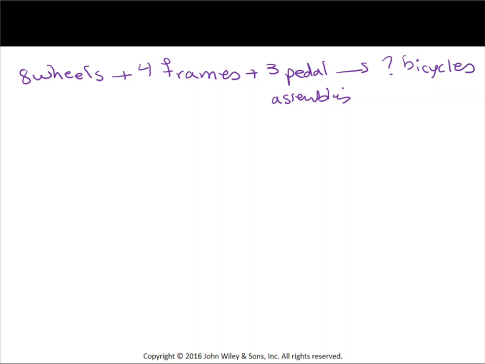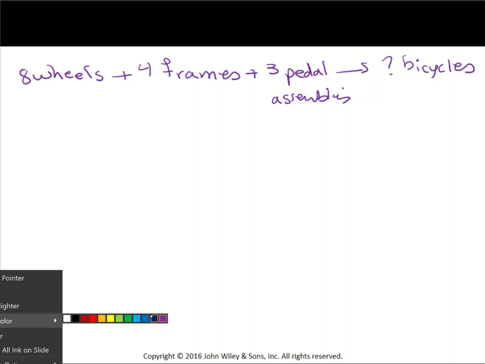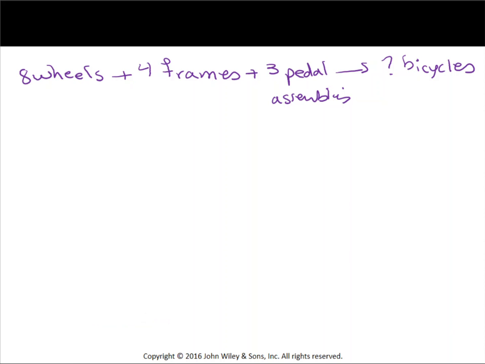There are a couple of ways that I can predict the number of functional bicycles I can make. So I want to show you how I can predict the number of bicycles that could be made based on what's given to me. One way of doing this is by looking at each one of our starting materials, which are wheels, frames, and pedals. If you have 8 wheels, the maximum number of bicycles you can make is 4 bicycles.